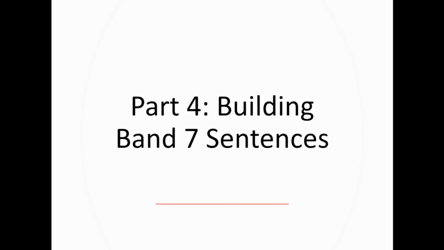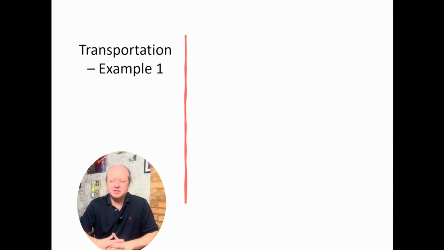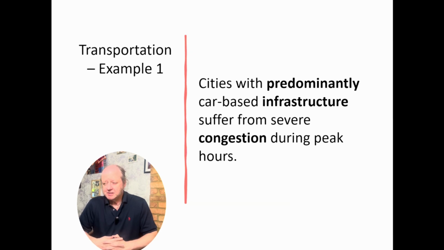So now we're going to use some combinations. We're going to take one word from each type of vocabulary, put them together in sentences for different topics, and see how they look. Let's try the topic of transportation. Cities with predominantly car-based infrastructure suffer from severe congestion during peak hours.